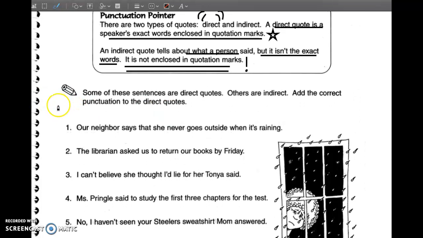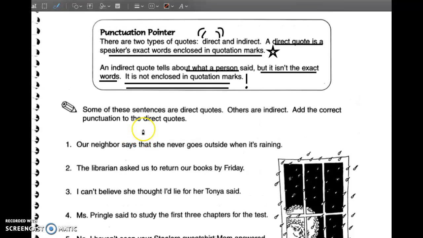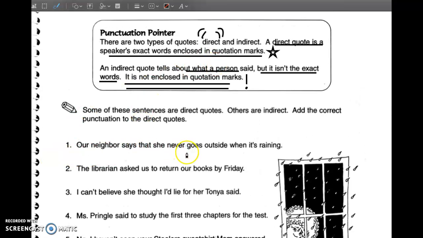All right, so welcome back. You should have paused the video to make your punctuation pointer look like this. You need to know this information here to help you fill this out. Please refer back to this every sentence so that it will help you decide whether or not you need quotation marks.